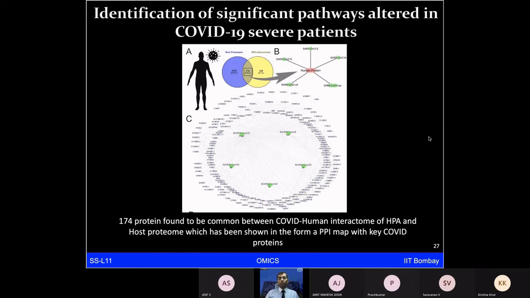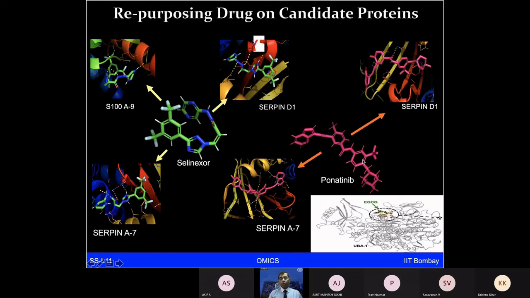Then we also looked at which host proteins and virus proteins have interactions, using some databases. Further, we were keen, now that we know which major proteins are changing in the host, and there are a lot of FDA approved drugs, to see whether they can target and inhibit these proteins and dock to them. So we looked at some of our interesting proteins like serpin D1, serpin A7 and S100A9.